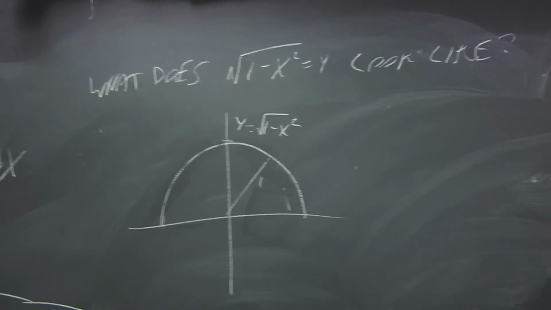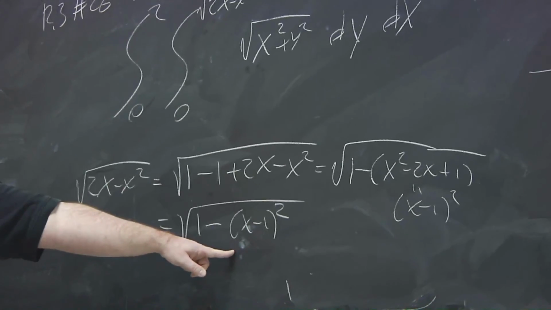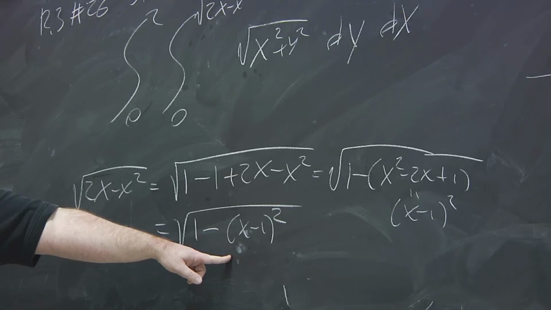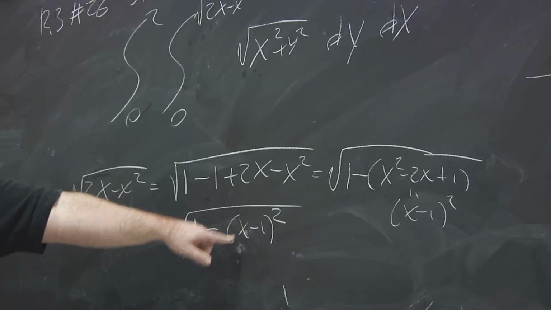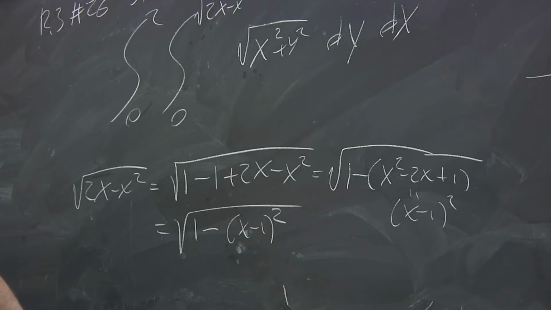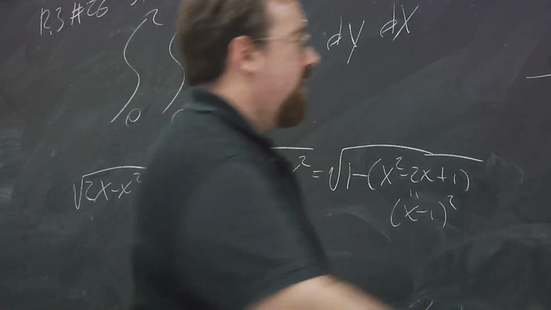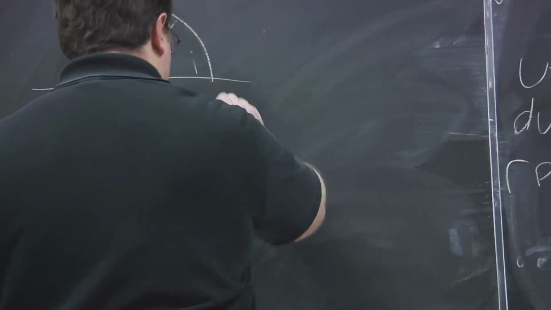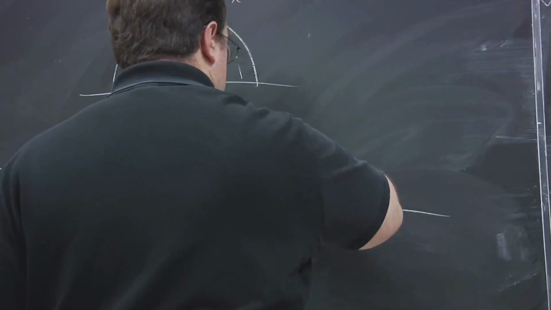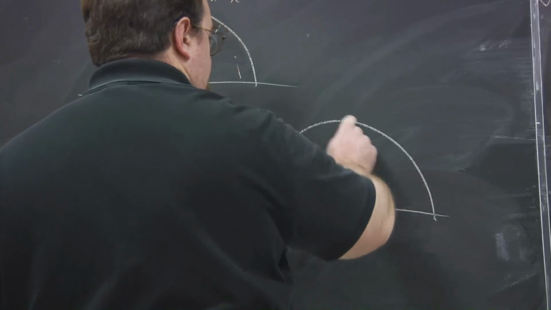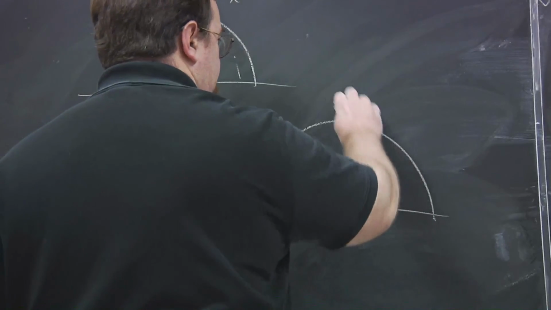Well, how will we get this from that? What's the difference between the graph of this and the graph of that? You shift 1 unit to the right, because x is replaced by x minus 1. So we get a top half of a circle shifted.